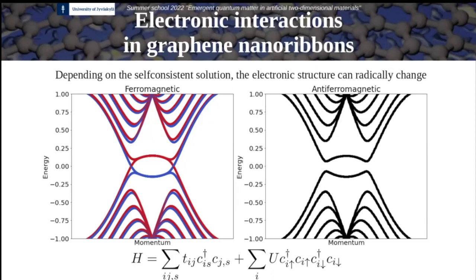The other, more mathematical argument is saying that the total energy of your system is going to be proportional to the sum of all your eigenvalues. And all the eigenvalues here and here are pretty much the same. The only ones that are different are those close to the Fermi energy. And if you have a gap, clearly your eigenvalues are going to be more negative, and therefore your energy is going to be lower.